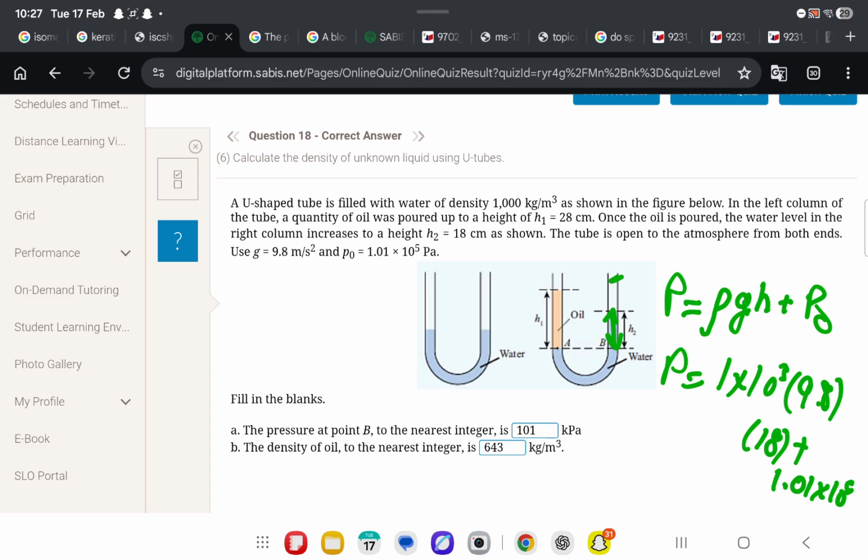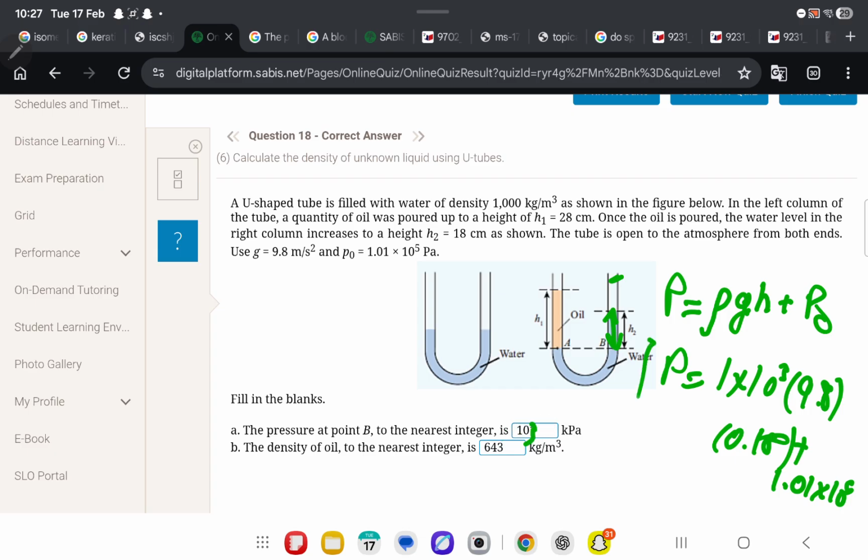It's 0.18 because it's in meters. This should give me the right answer. Yeah, 102,764. Then divide by 10 to the power of 3. It's 103 kilopascal. This is wrong. 103 kilopascal, not this. If you do this, you'll get 103, and that's the right answer.